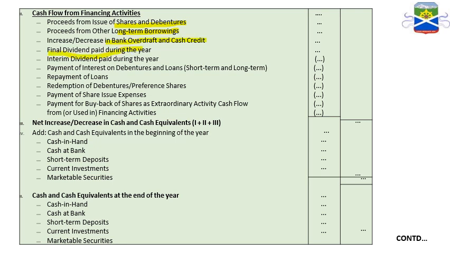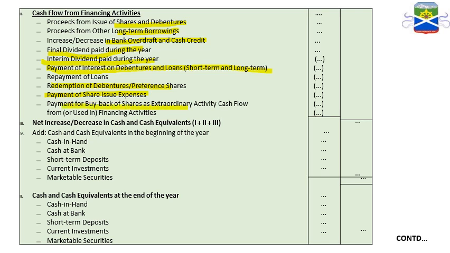Final dividend paid will be a minus item. Interim dividend paid. Payment of interest on debenture, repayment of loan, redemption of debenture, that part you have to remember, repayment of loan, redemption of debenture or preference share, payment of share issue expenses, payment of buyback of share.